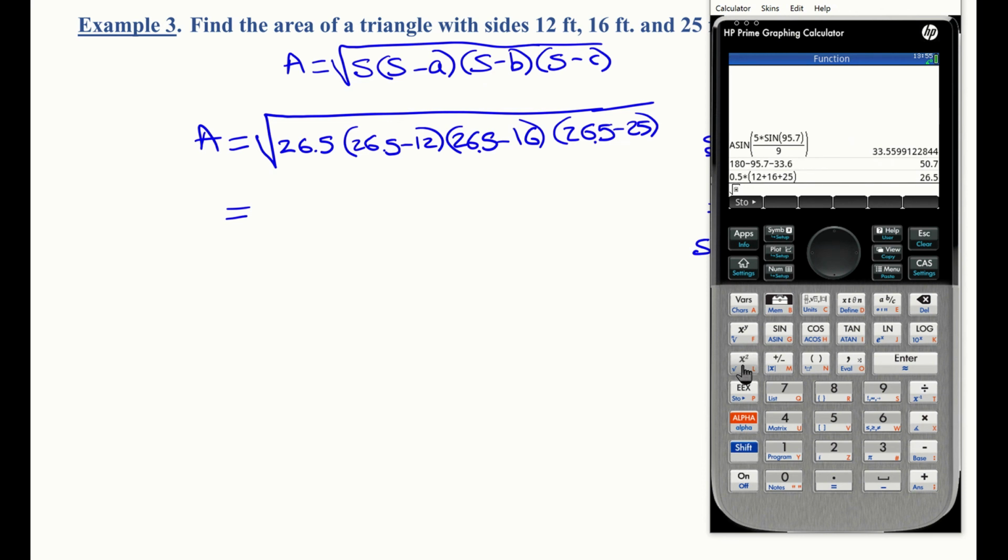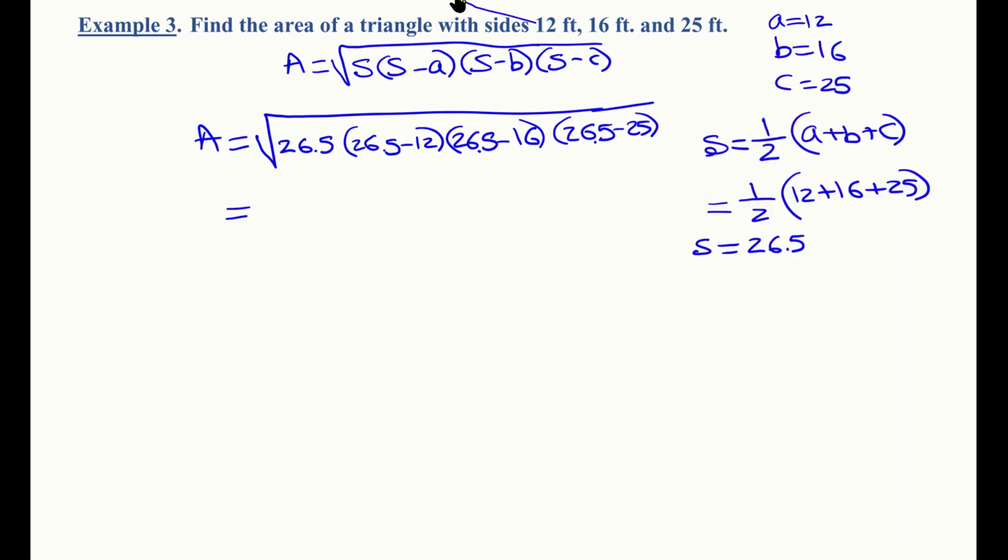We're going to get the square root, and we start with 26.5 times quantity 26.5 minus 12 times quantity 26.5 minus 16, and then here we needed a parentheses, so let me clear that.